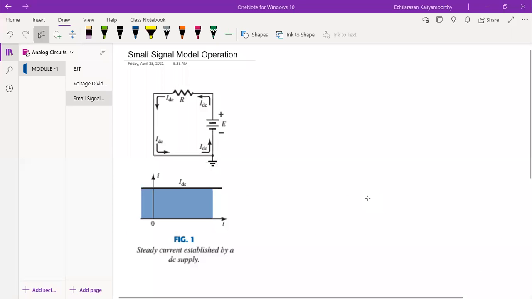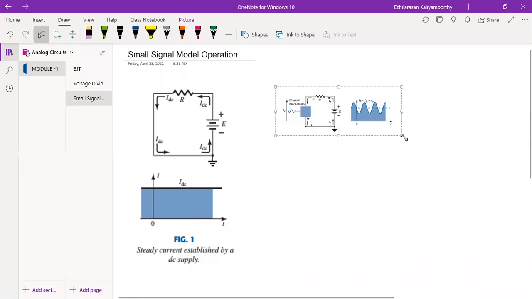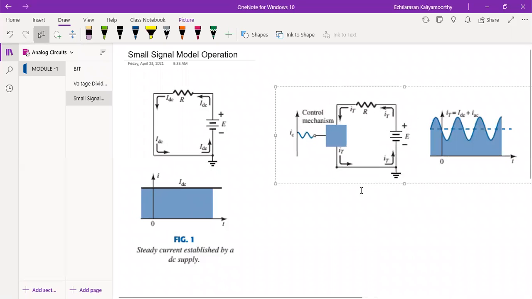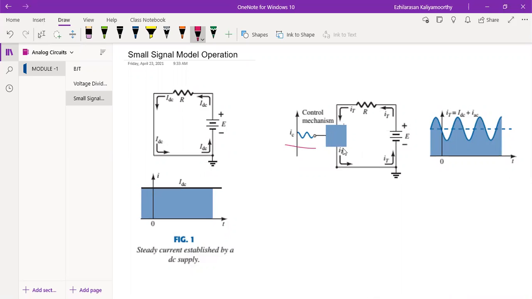But when I go for the AC analysis, what we did is just add an AC signal here, as a control mechanism. If I add the AC signal there, what will be your total current?